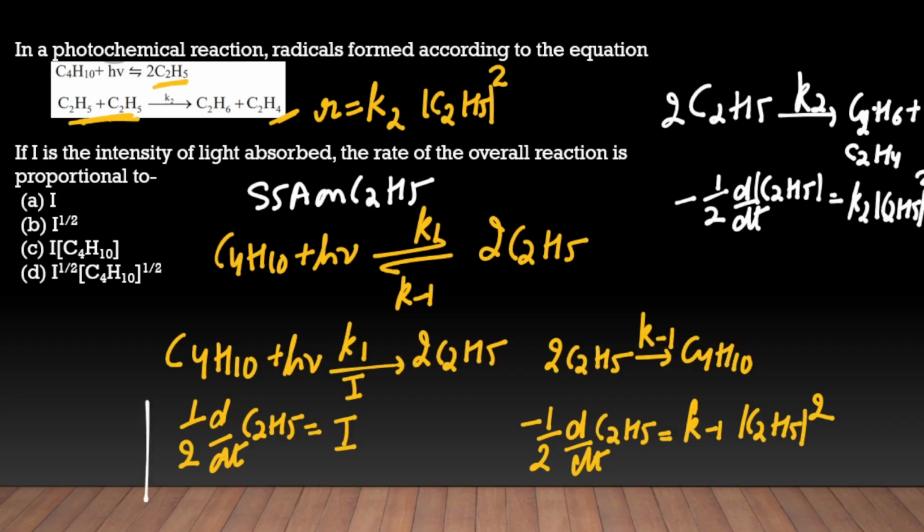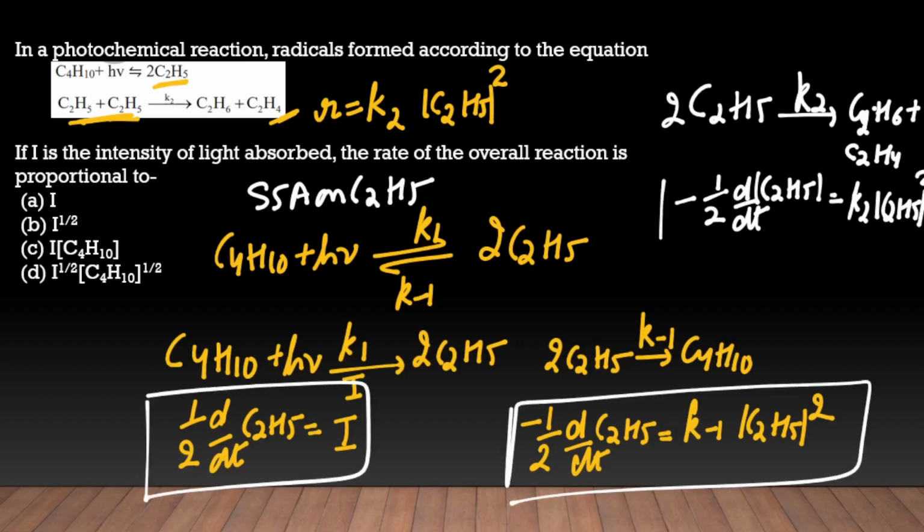Now all these values of d by dt of [C2H5] that we have obtained, we combine so that we can apply the SSA over it.